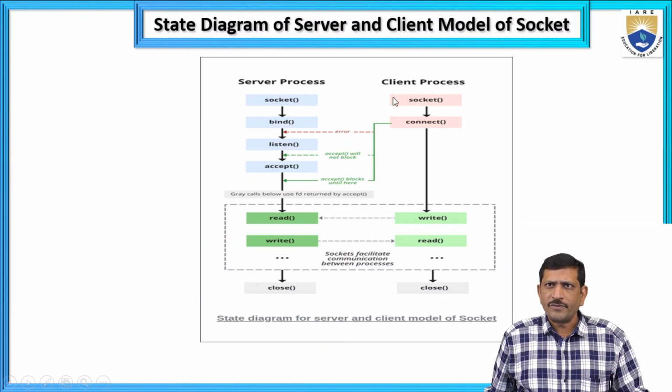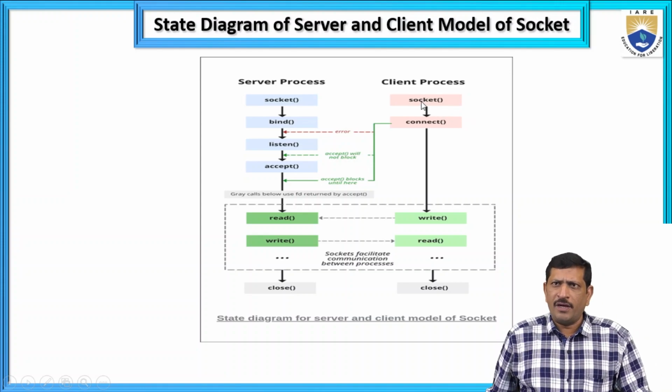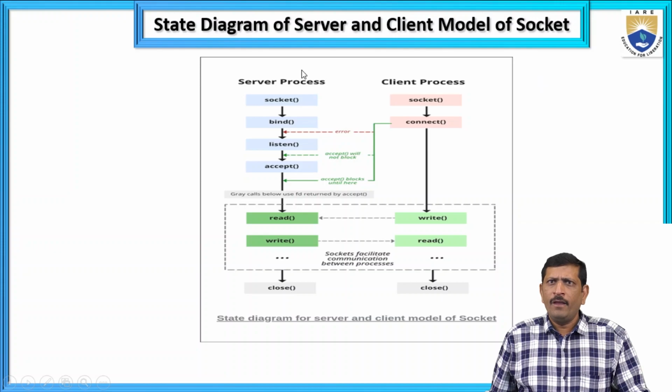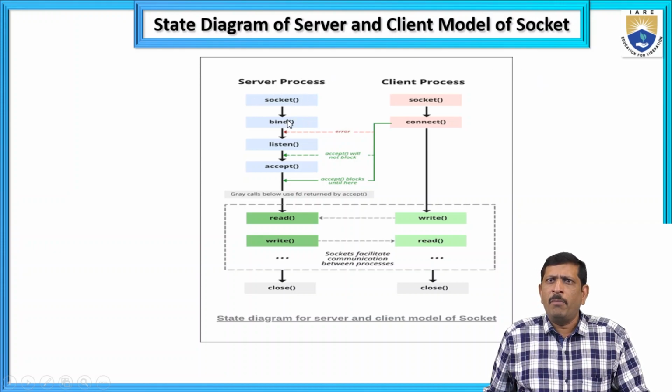Here is a simple diagrammatical representation of the server and client model for the communication. The server side will create one socket, and the client side will create another socket. Once the binding operation is completed at the server, with the help of the port number, the client address and port number establish the connection and listen for the connection.